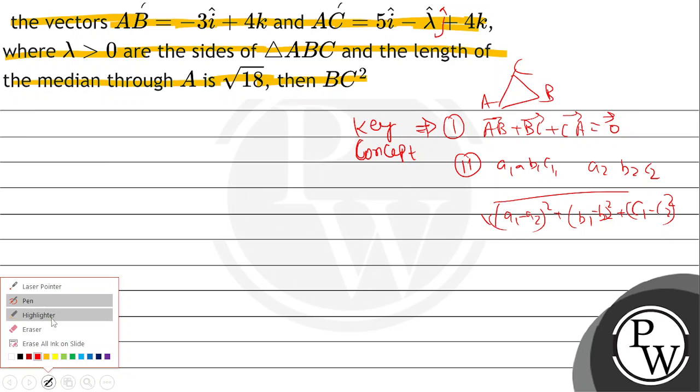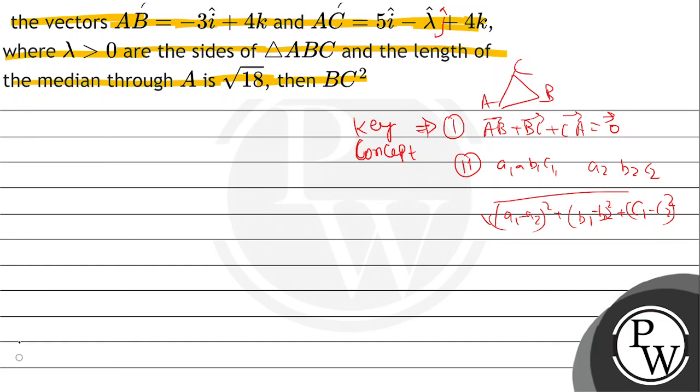So solving this question, the first thing is we will draw a triangle, this is A, this is B and this is C. So this one is given. We have AB, which is minus 3 i cap plus 4k cap, and we have AC, which is given as 5 i cap minus lambda j cap plus 4 k cap.